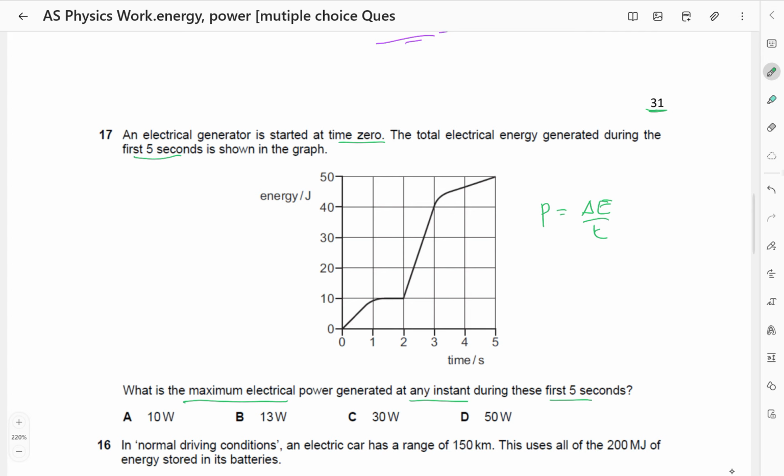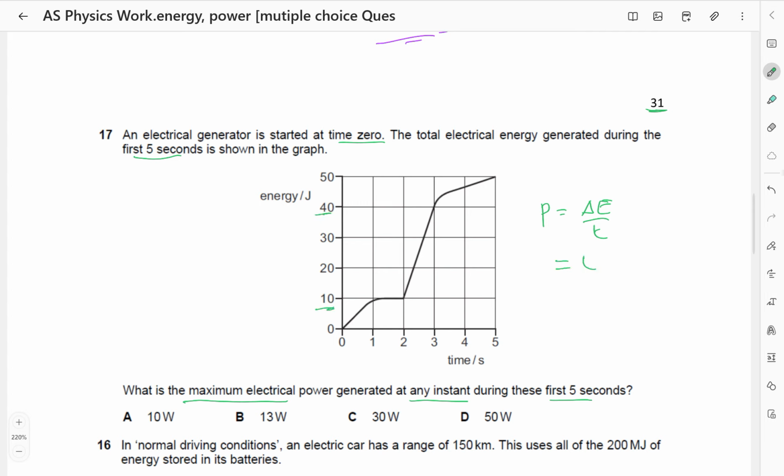So the point where we expect maximum power is where the change in energy is bigger, but the change in time is smaller. When you look at this graph, you notice that the maximum change in energy is between 10 and 40.